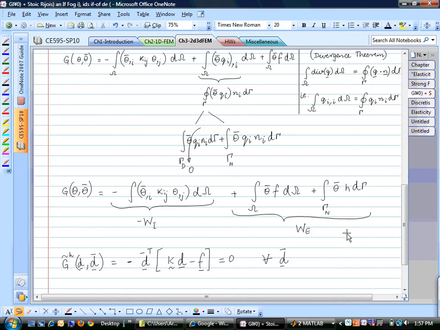Okay. Up until all this time, we haven't made any approximations yet. But in going from here to this point, what do we need to do?